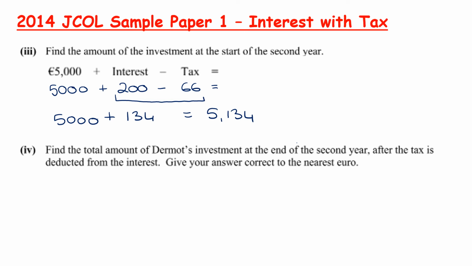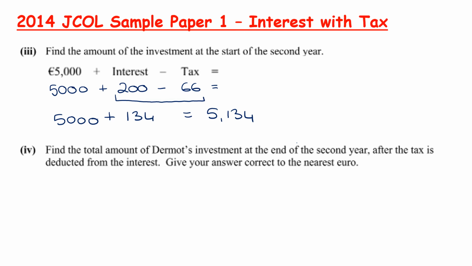Give the total amount of Dermot's investment at the end of the second year if the tax is deducted from the interest. So now we have to put it all together. The first thing that we need to do is find the interest.